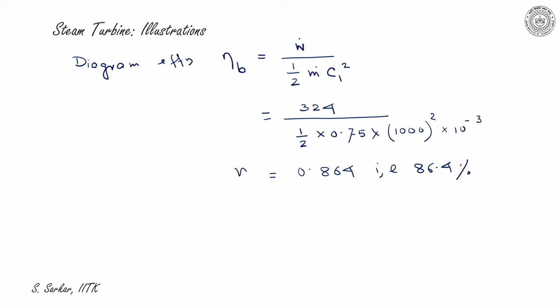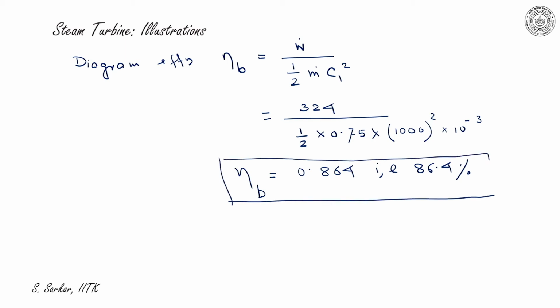Thus I have got diagram efficiency, which is blade efficiency, as 86.4% when the friction is neglected.